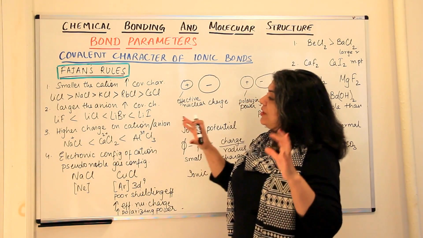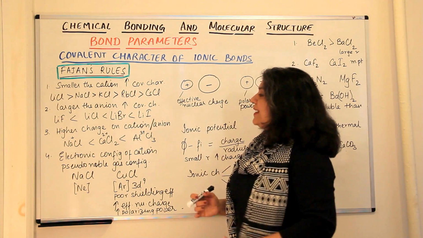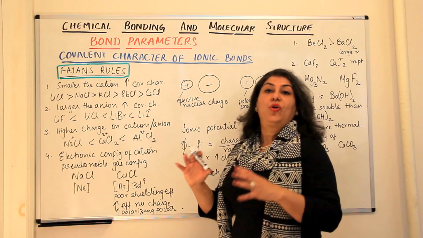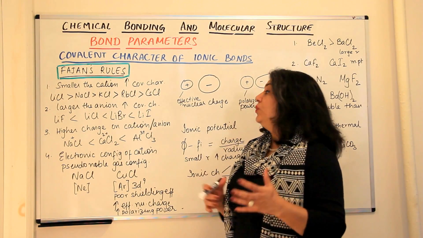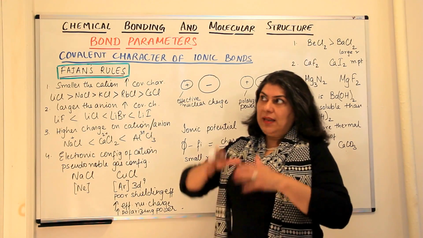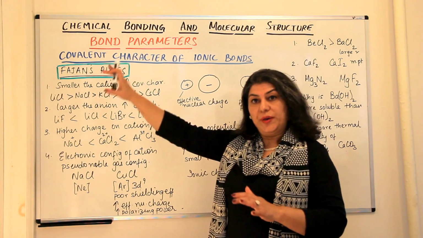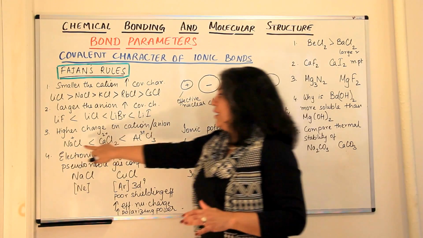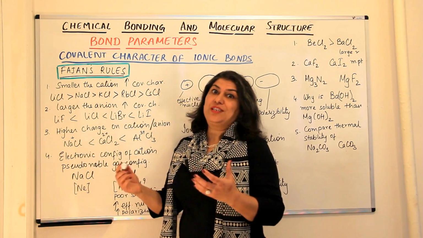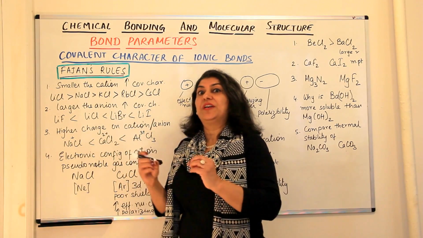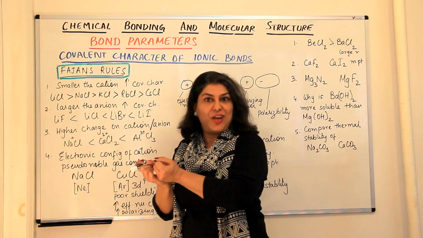We now come to the third Fajan's rule. It says that the higher the charge on the cation or anion, the greater would be the covalent character. If the cation has more positive charge, then obviously the greater the positive charge, the greater the effective nuclear charge.